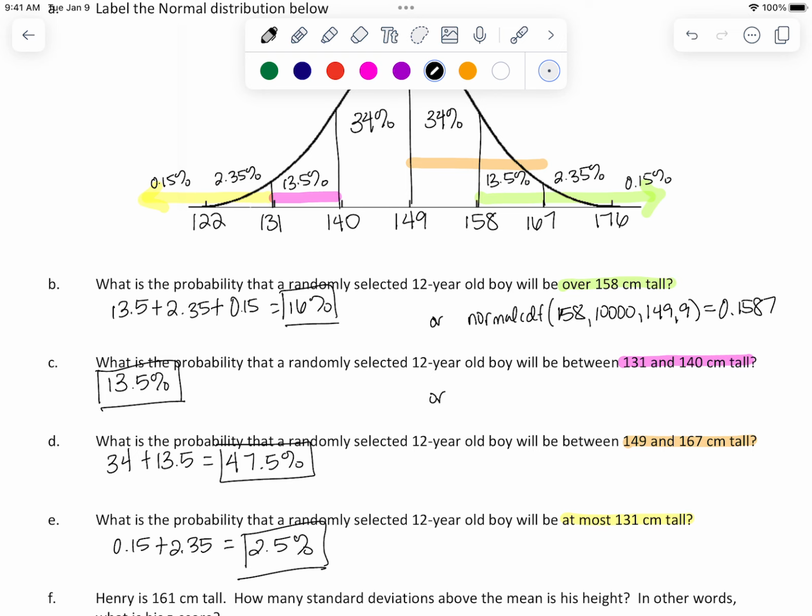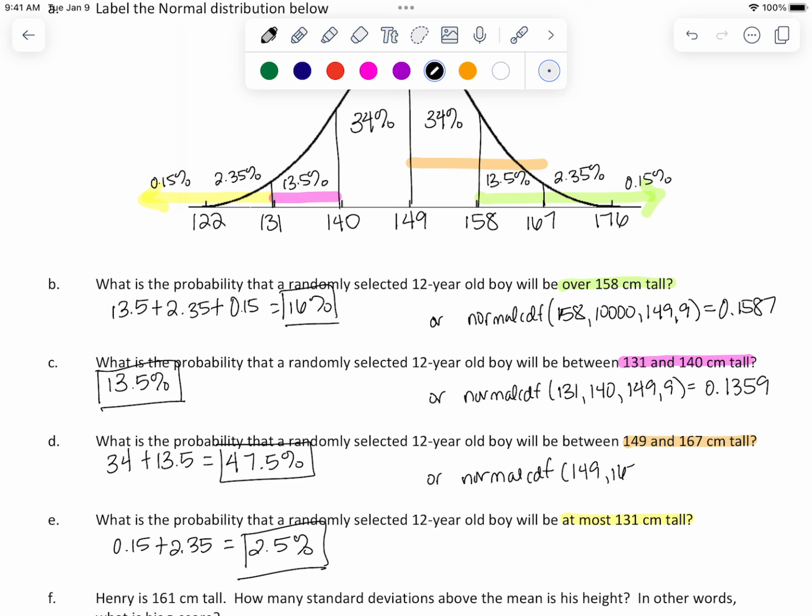For C, you could do normal CDF, and then we would have 131 to 140, 149, 9, and this would give you 0.1359.